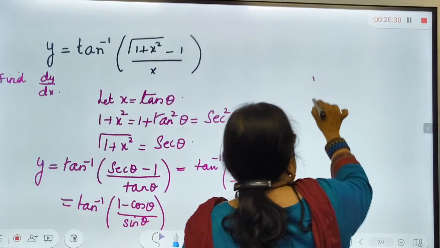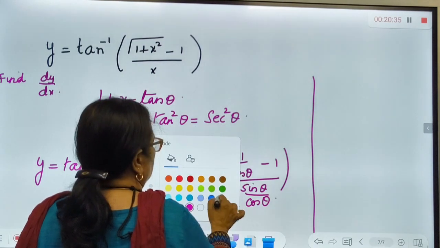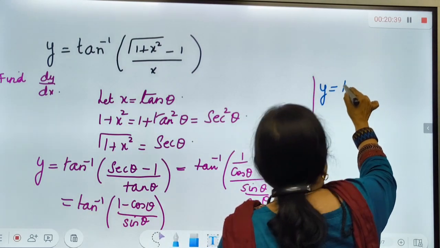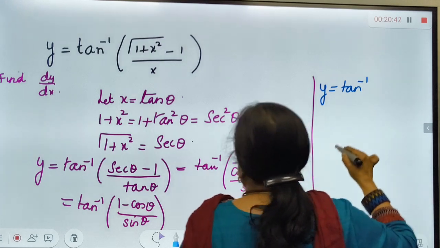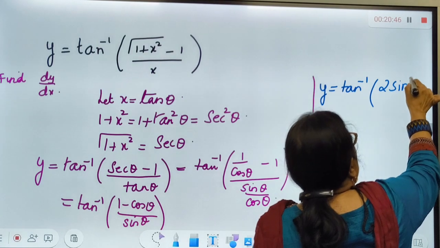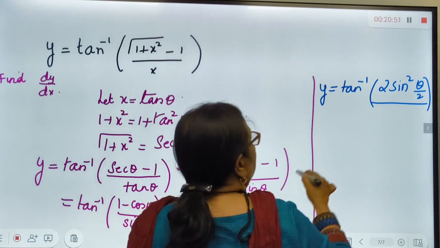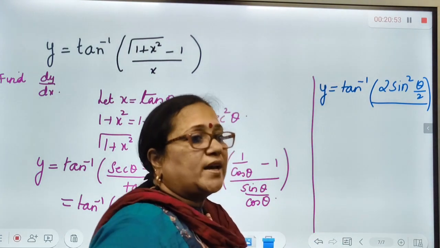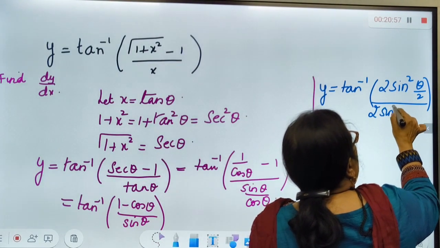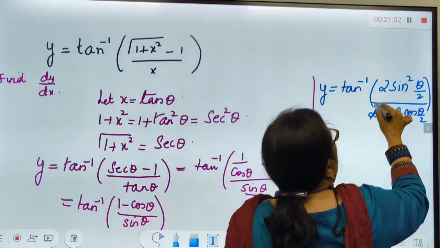So y equal to tan inverse. What is 1 minus cos theta? 2 sin square theta by 2, divided by sin theta. Sin theta is 2 sin theta by 2 cos theta by 2.